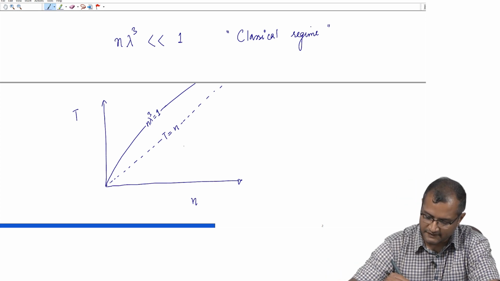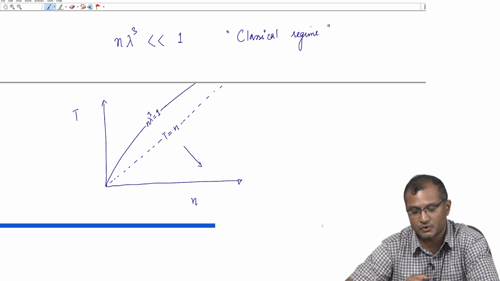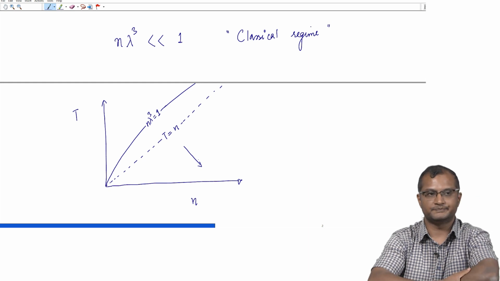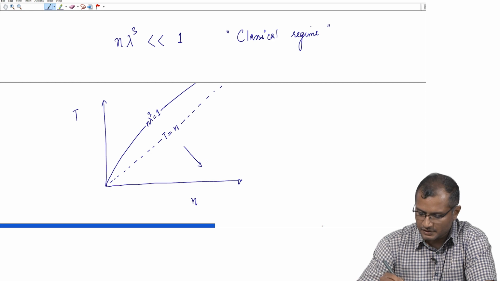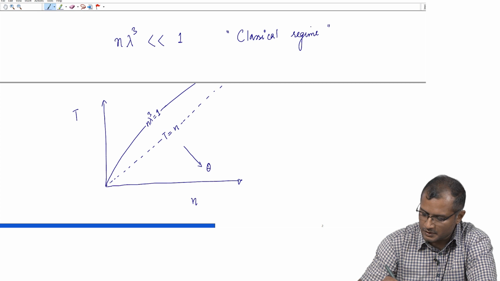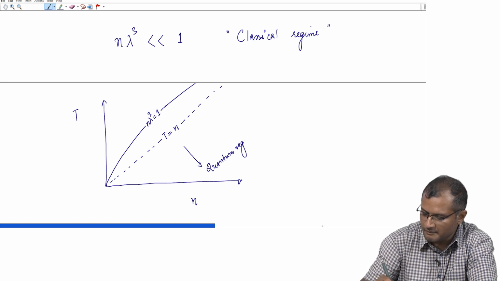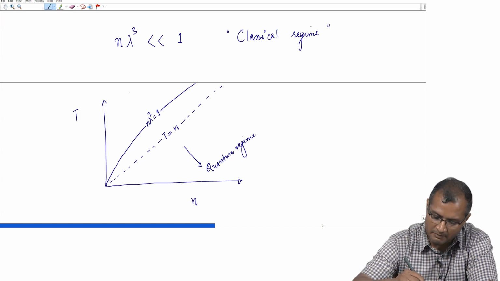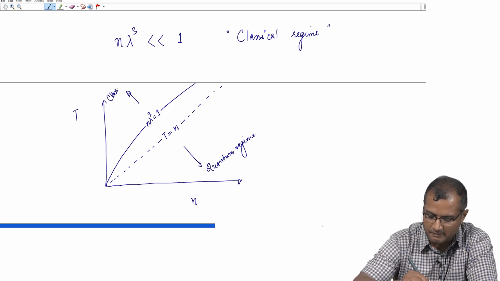So, deep inside this phase, the curve that I have computed, the solid line, is the line of n lambda cube equal to 1. And deep inside this phase you will say that your system has quantum effects, because that is the region when you have high density and low temperature, and deep above this solid line you will say that I have a classical regime.